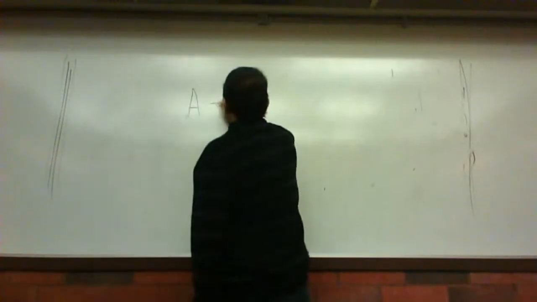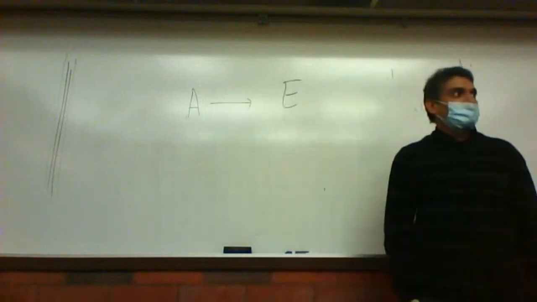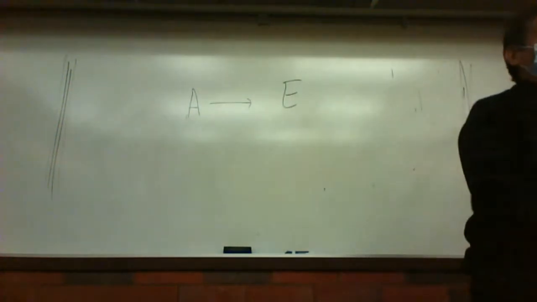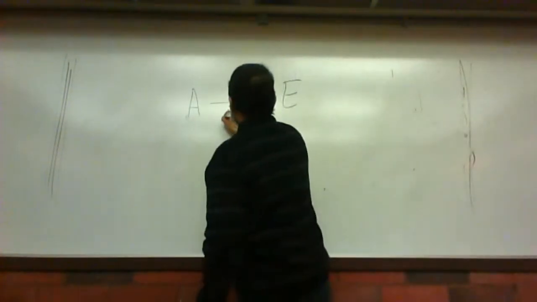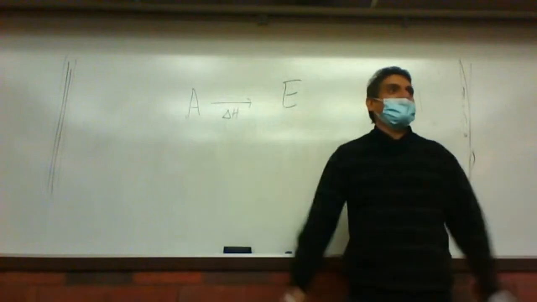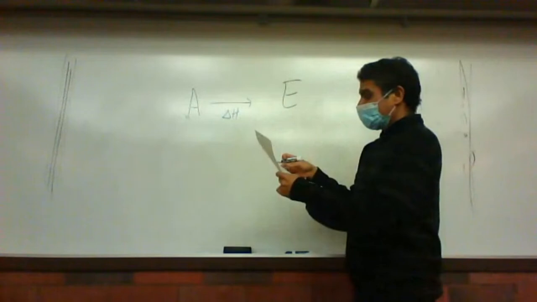Okay, so I have a chemical and I'm measuring the heat when I change from A to E, right? So I heat it, or I do some reaction, and it converts from A to E, and I measure how much heat I produce there, delta H. So that's the heat, like H1, H2, you can write anything. This is the amount of heat, how many kilojoules, I don't know.